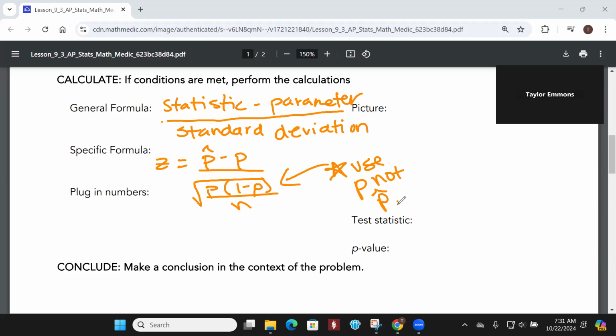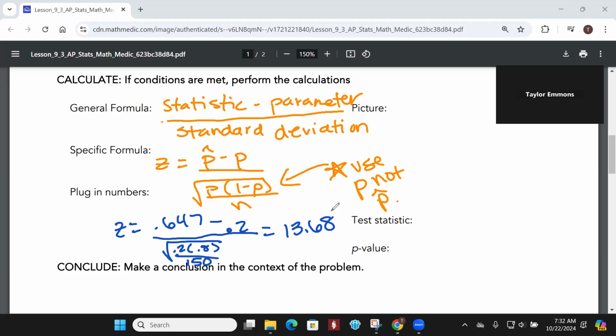It does make a difference. Now you're using 0.2 versus 0.647. So now we're going to plug in the numbers. This is going to give me z equals 0.647 minus 0.2 over the square root of 0.2 times 0.8 divided by 150. When we type all that into our calculator, you're going to get 13.68.